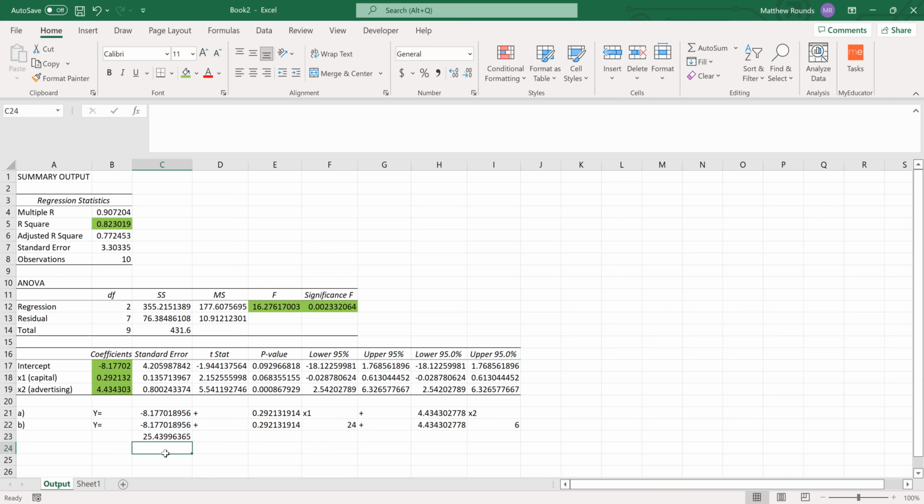And it's 25 million. Since that is greater than the 20, which is indicated in the problem, yes, a bonus.